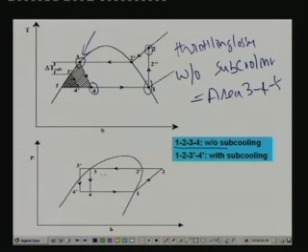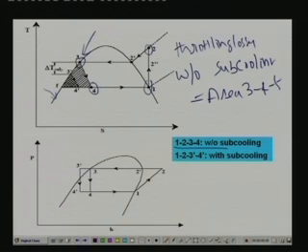For example, in the pH diagram 1, 2, 3, 4 is the cycle without subcooling, and 1, 2, 3 dash, 4 dash is with subcooling. What is happening during subcooling? We are assuming that the saturated liquid line coincides with the constant pressure line, that means this constant pressure line is going along the saturated liquid line, like we have discussed in the last class.